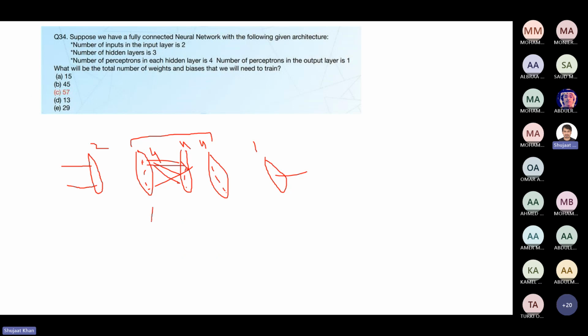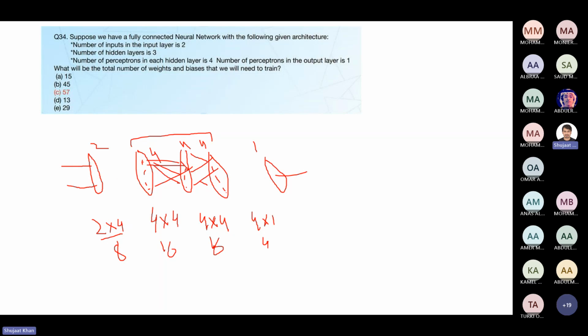So here we have 4 by 4 weights, here again 4 by 4 weights, here 4 by 1 weights, and here 2 by 4. So this is the weights: 8, 16, 16, and 4.